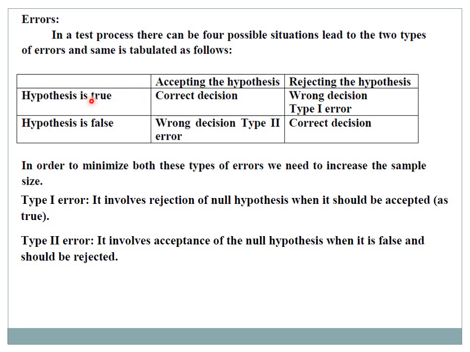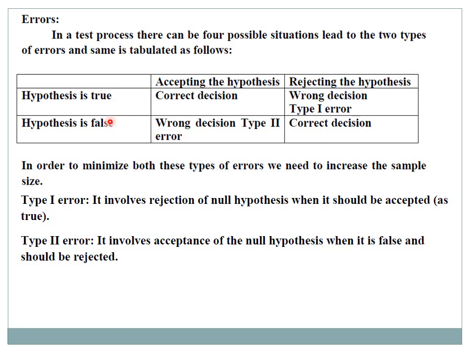It means if the person is having coronavirus and it is tested positive, then we are accepting it, that is a correct decision. Suppose the hypothesis is true, meaning a person is having coronavirus, but we are rejecting that hypothesis, meaning he is not ready to accept that he is having coronavirus, then that is a wrong decision and that is type 1 error. Got an idea? Yes. Now, suppose the hypothesis is false, but still you are accepting the hypothesis. What is that?